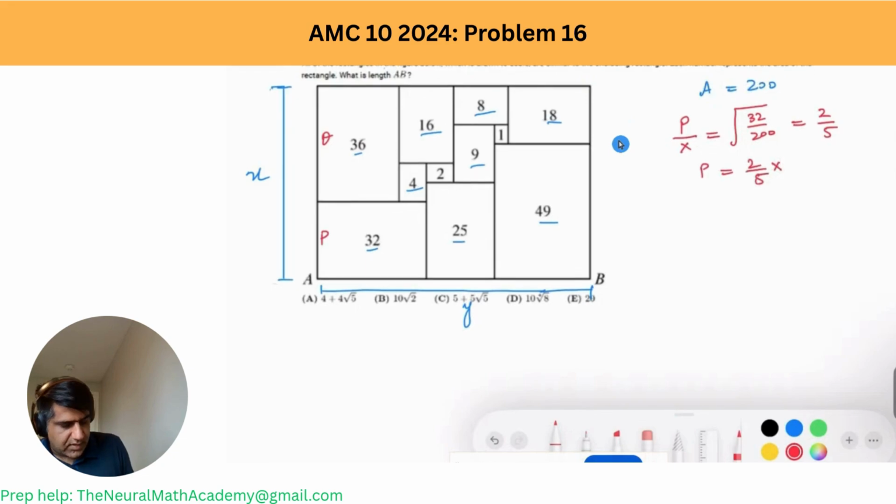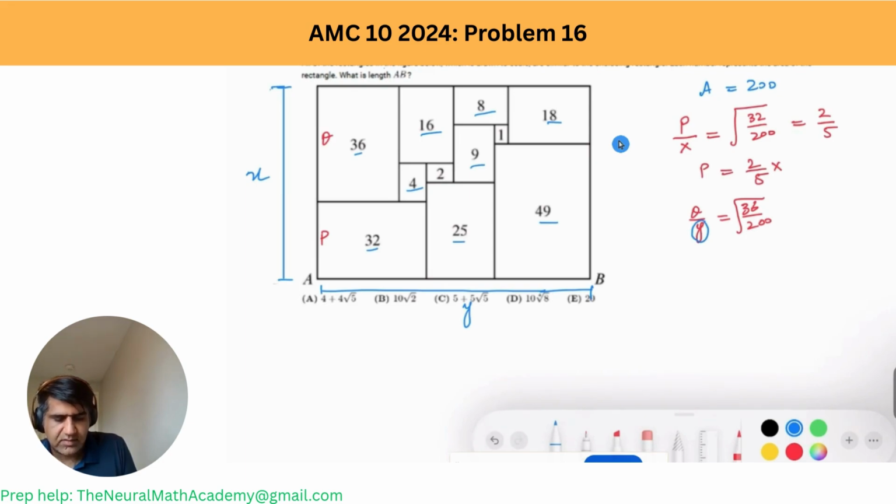And similarly, I can also write an expression for the next rectangle, and I can write q over y equal to 36 over 200. I'm taking y here because we are taking the larger length now.